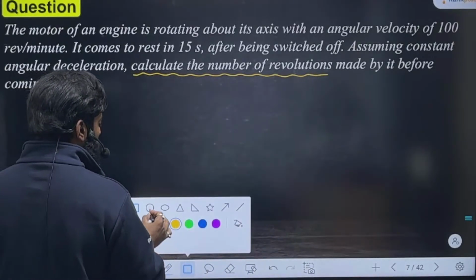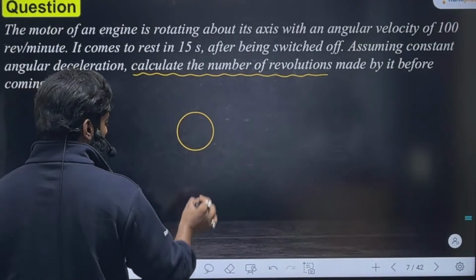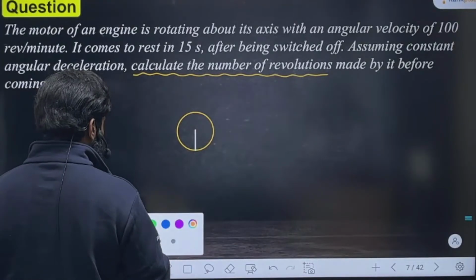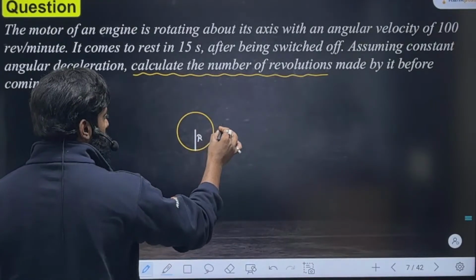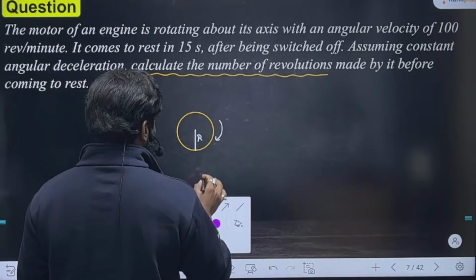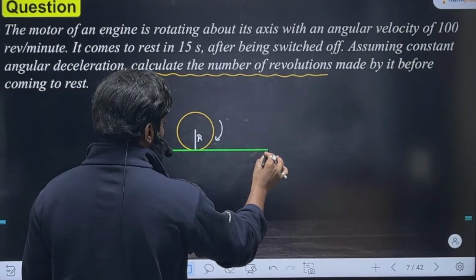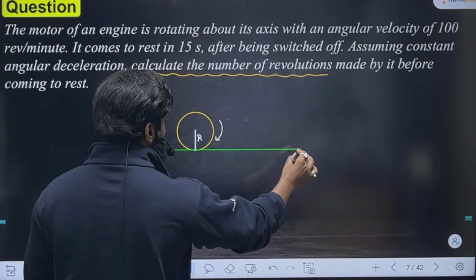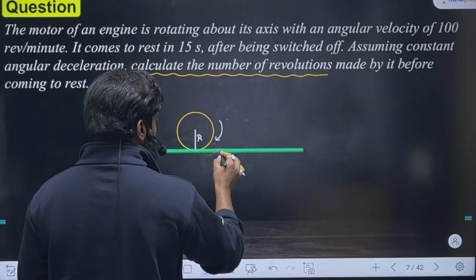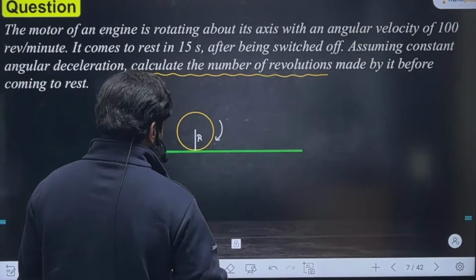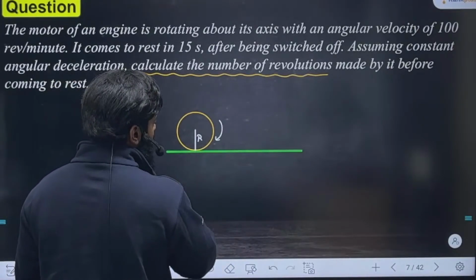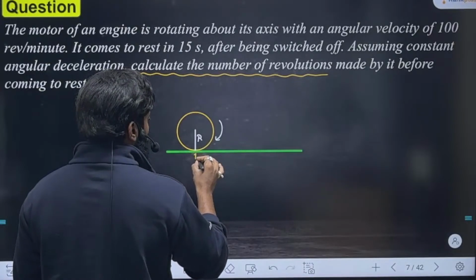If there is a wheel of radius r, and this wheel is rotating, then what will happen?